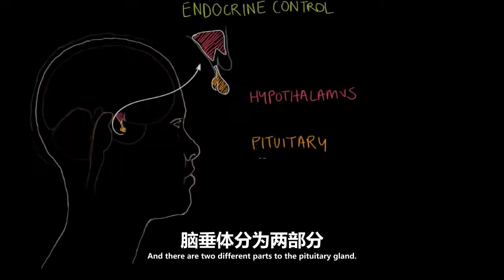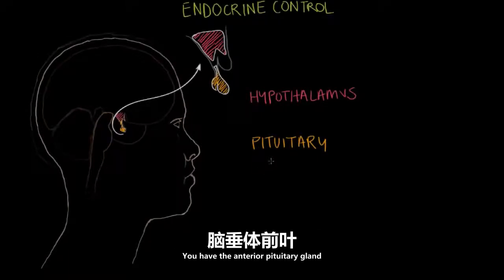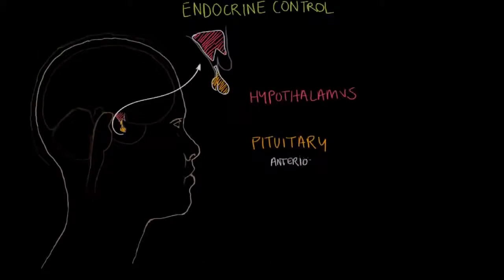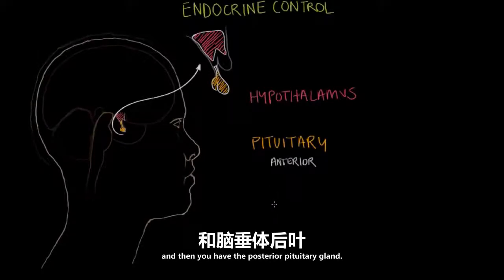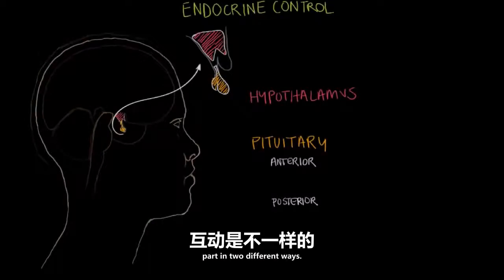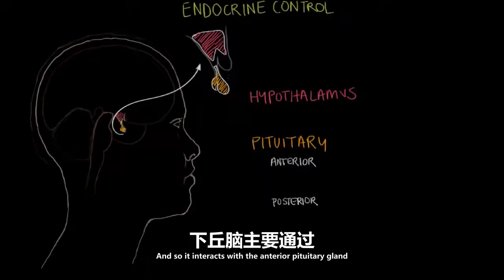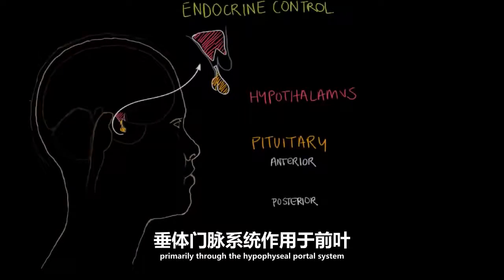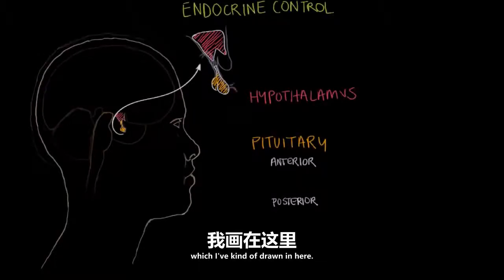And there are two different parts to the pituitary gland. You have the anterior pituitary gland, and then you have the posterior pituitary gland. And the hypothalamus interacts with the anterior and posterior part in two different ways. It interacts with the anterior pituitary gland primarily through the hypophyseal portal system, which I've drawn in here.